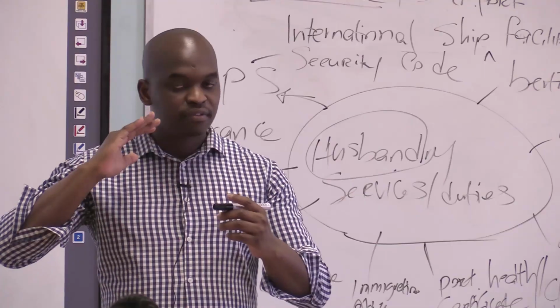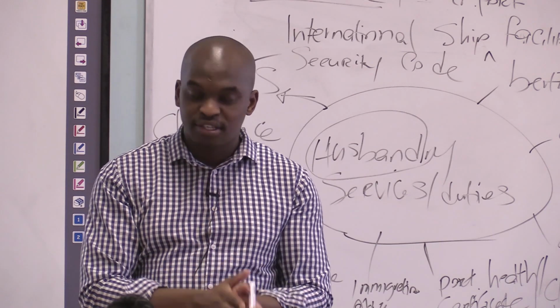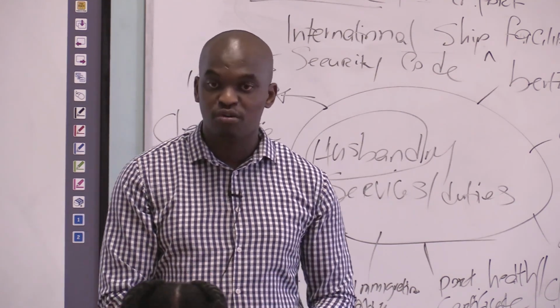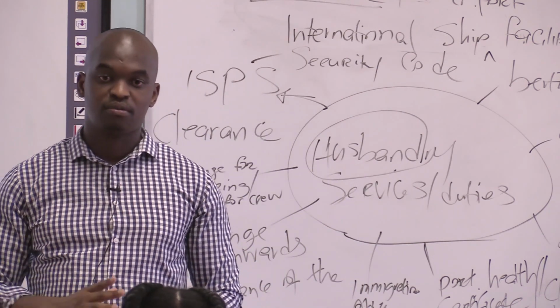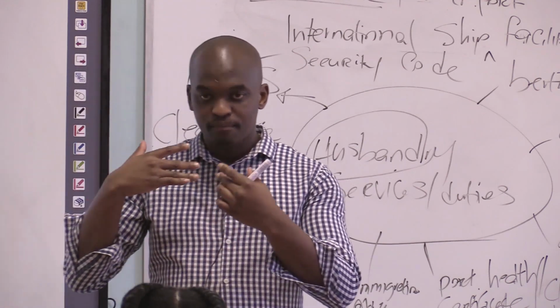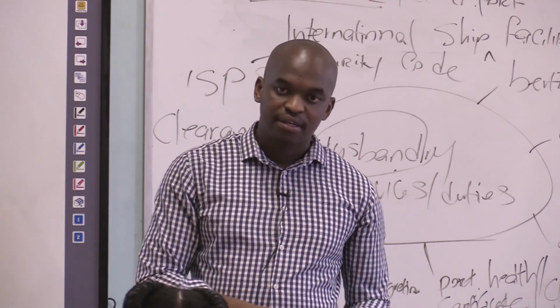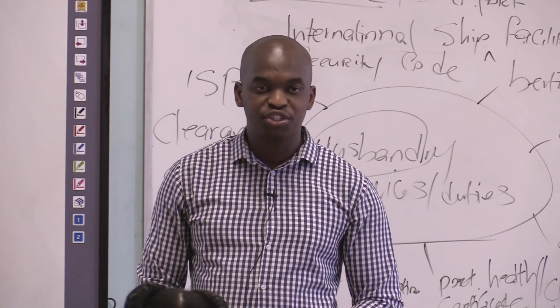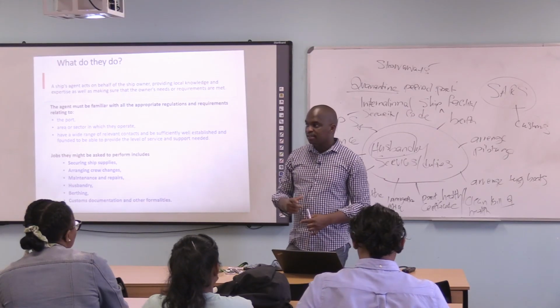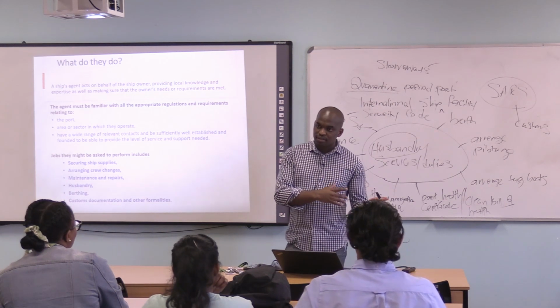Then if on the 23rd of Feb you are not in South Africa, and South Africa is your home, maybe you are in Singapore, then on that day your contract ends, and you will need to be repatriated back to your own country of origin. Okay, so the agent then is going to arrange for that.